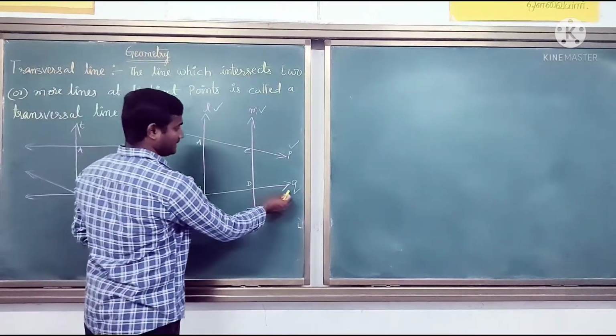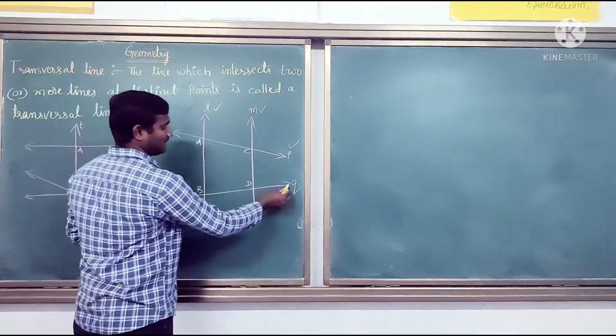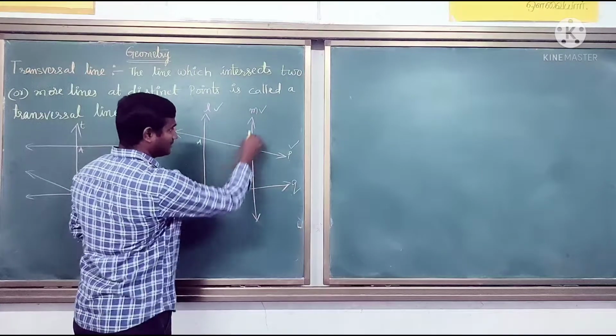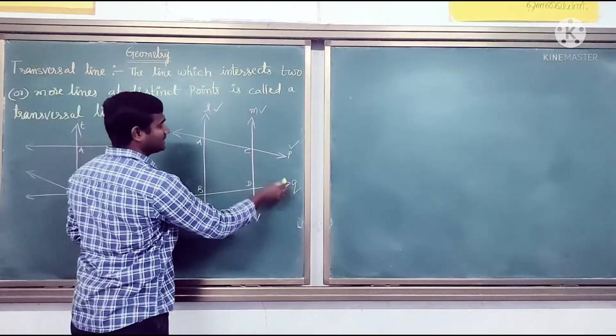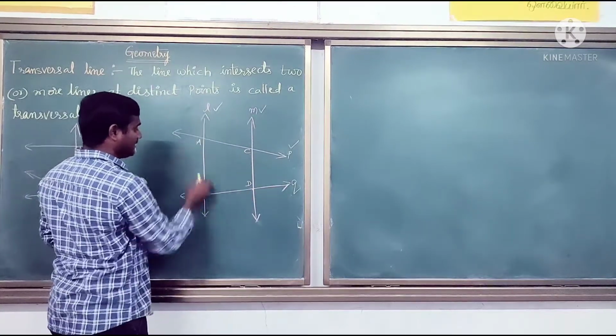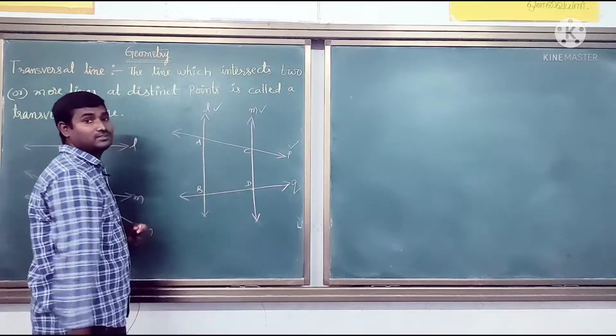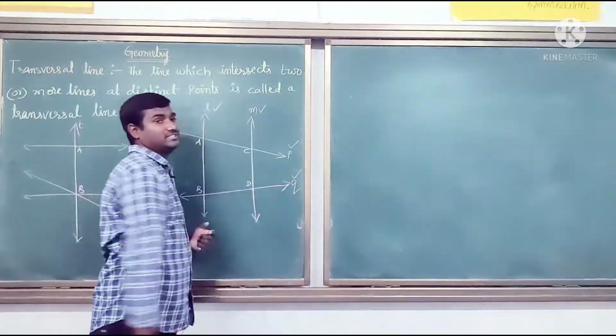Is q the transversal line in this figure? Check. It intersects line m at D and line l at B. B and D are different, distinct points. So q is also a transversal.